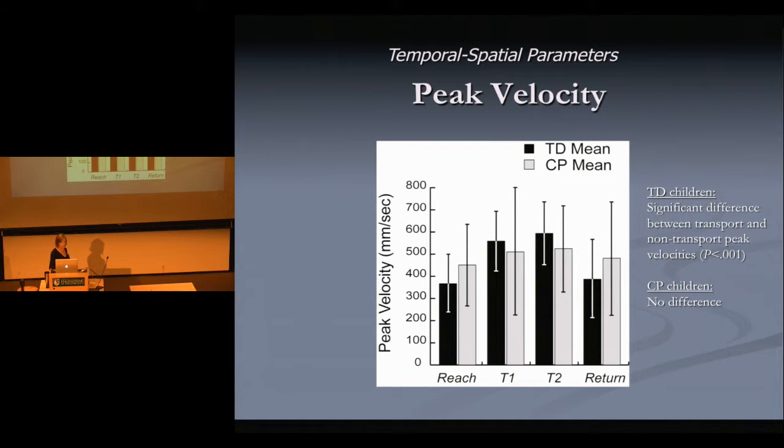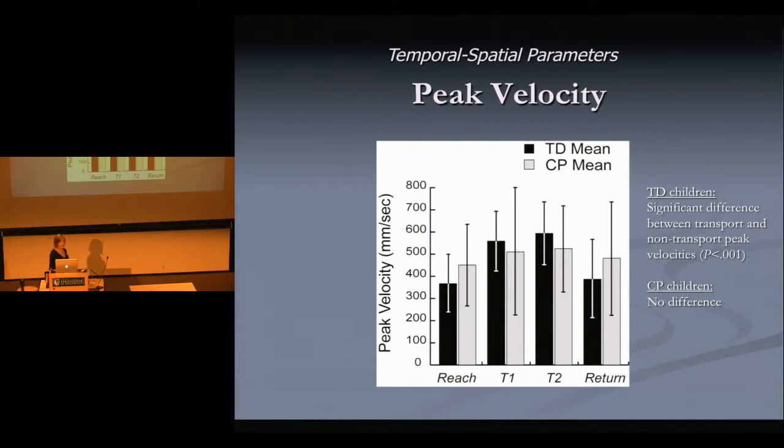If we look at peak velocity, there's no significant differences between the typically developing children and the children with cerebral palsy. But if we look closer at the typically developing children, the black bars, we see the peak velocity, again, was greater during the transport phases, so when the cup is in their hand, compared to the non-transport phases.